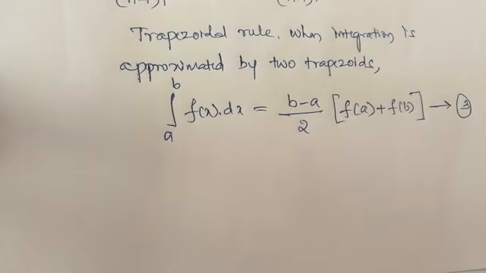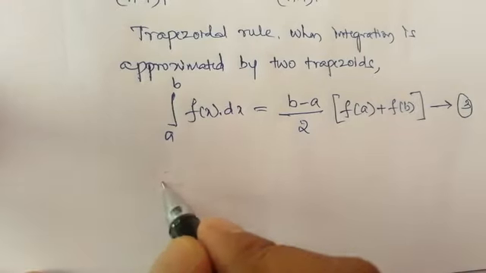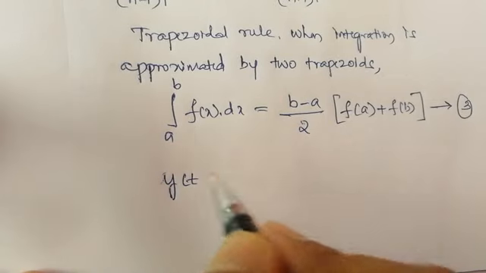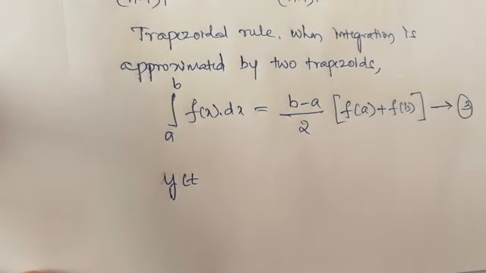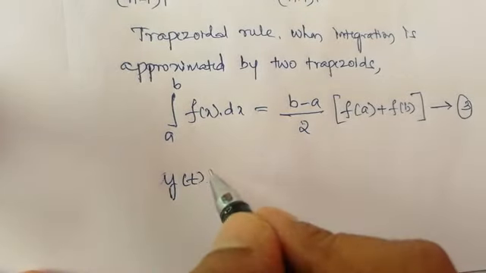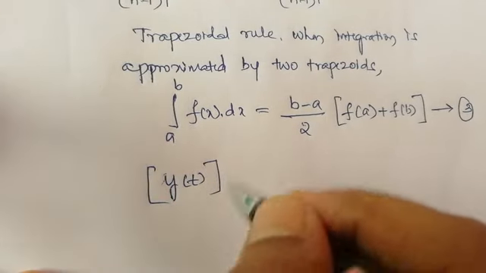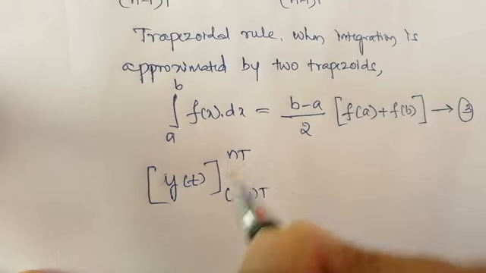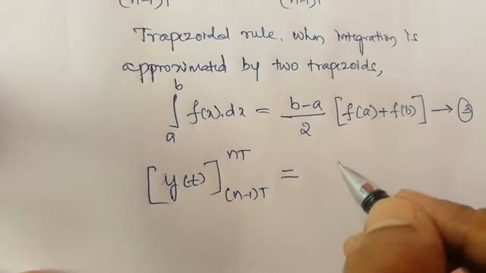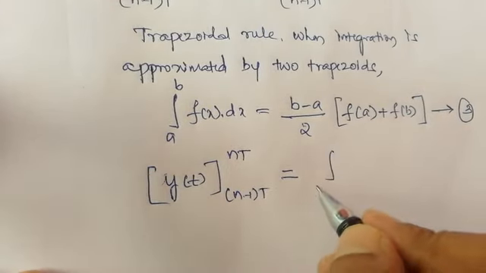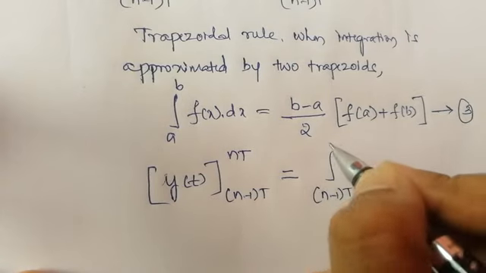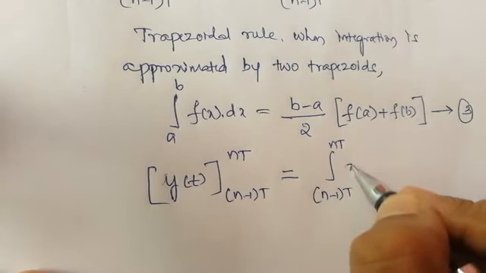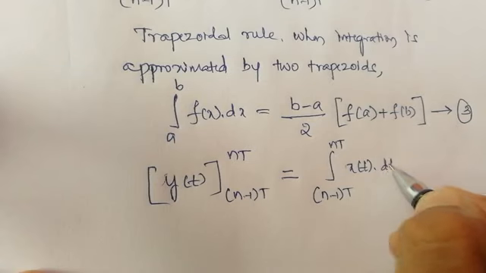Now by using this trapezoidal rule, let us simplify equation 2. Then equation 2 becomes the integration of dy of t, which is y of t over the limits n minus 1 T to nT, equal to the integration over the limits n minus 1 T to nT of x of t dt.